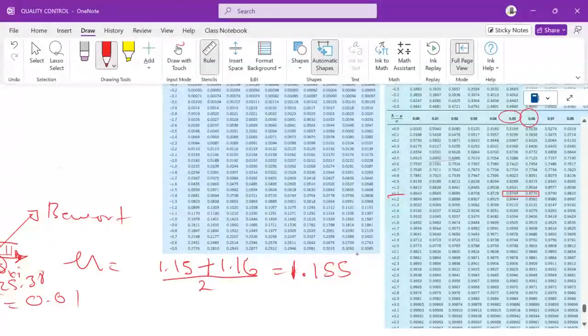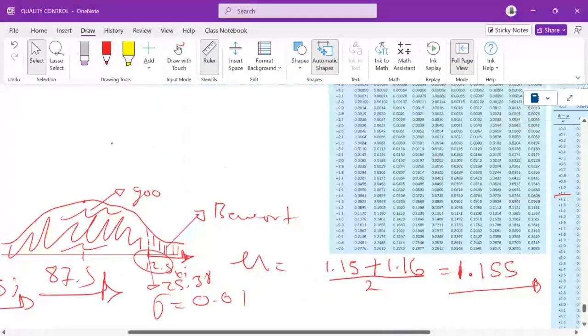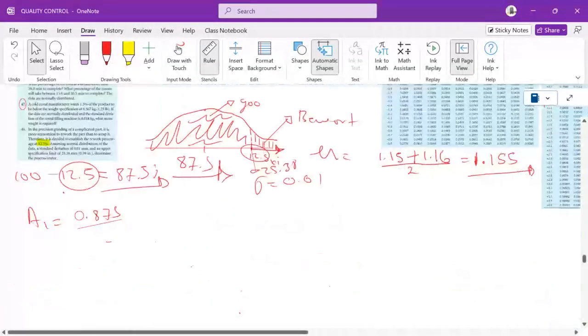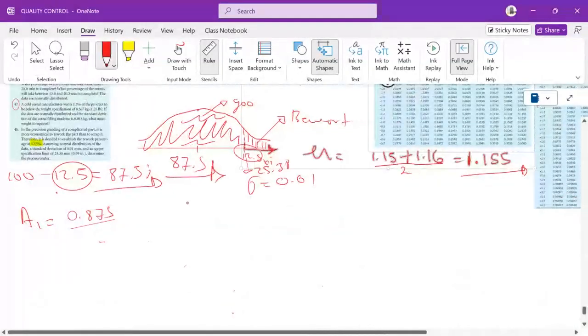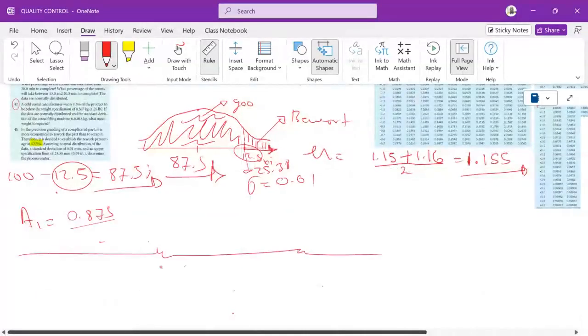This is the value that we are looking for. So that's your Z. Then you come here: Z, which is 1.155, is equal to your XI, 25.38, minus this value, over your 0.01.